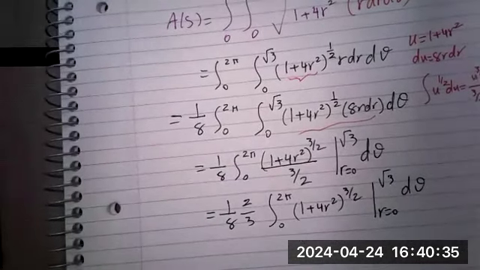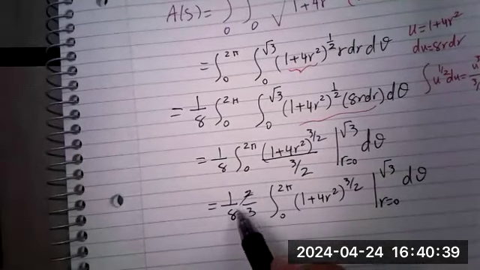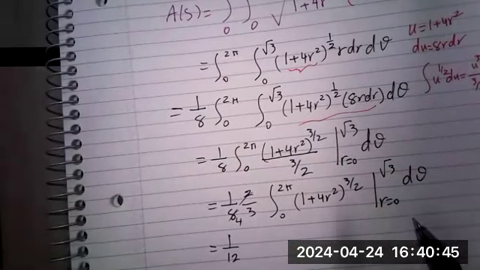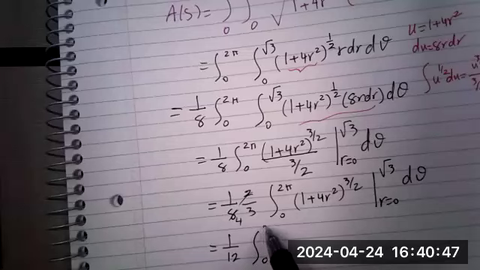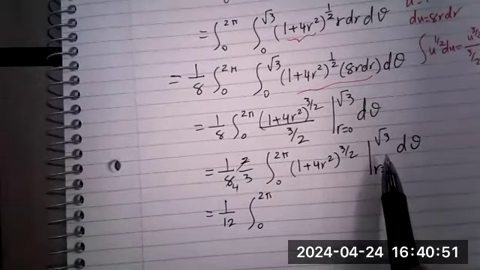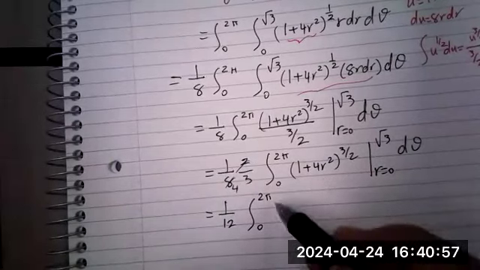You substitute, you get two numbers. You can simplify this. That gives you 1/12, okay, now 0 to 2 pi. These numbers, if you put r equal to radical 3, squared would be 3, 3 times 4, 12, 12 and 1, 13.